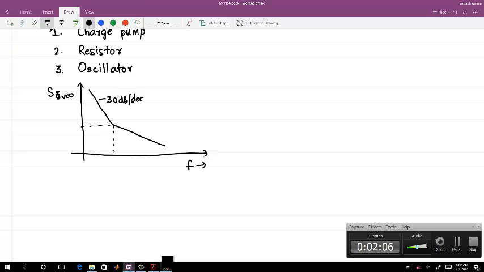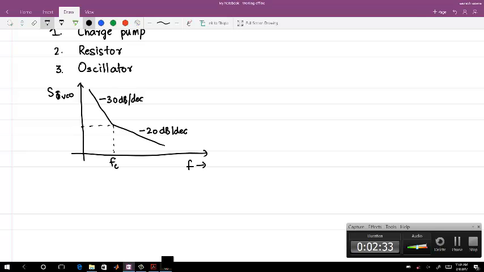Okay, and beyond a certain frequency, this is normally called as a flicker noise corner. Let me just call this as FC, which is a corner frequency in oscillator phase noise, and this is minus 20 dB per decade. Okay, and this is the noise profile, noise spectral density of an oscillator, which is in an open loop. So it is not in a closed loop format.